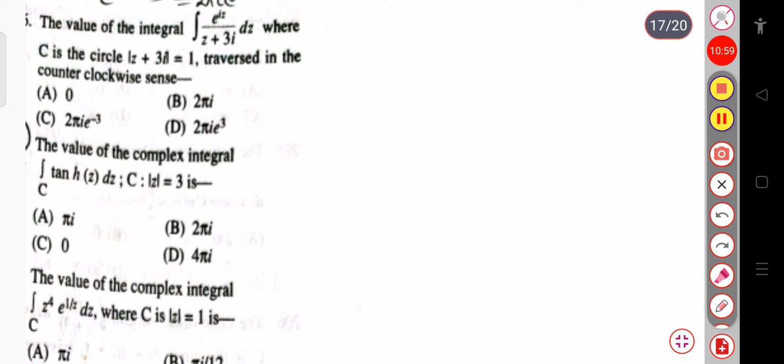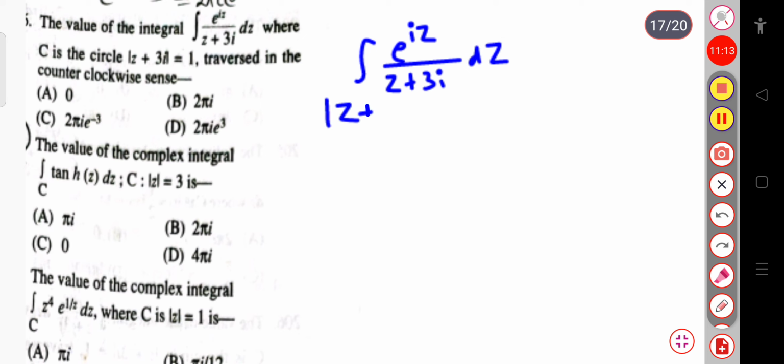The value of the integral of exponential iz divided by z plus 3i dz, where the circle is mod z plus 3i equal to 1, traversed in the counterclockwise sense.